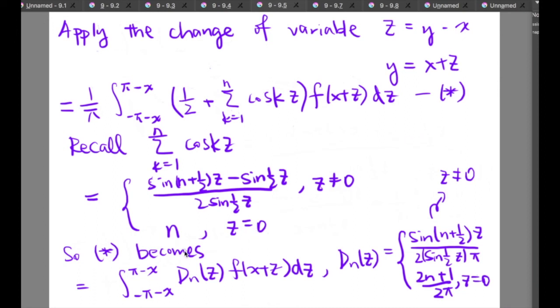And therefore we can write the star here to be the integral from negative pi minus x to pi minus x of D_n(z) f(x plus z) dz, where D_n(z) is equal to sine((n plus 1/2) z) over 2 times sine(1/2 z) times pi if z is non-zero, and it is equal to (2n plus 1) over 2 pi if z is equal to 0.